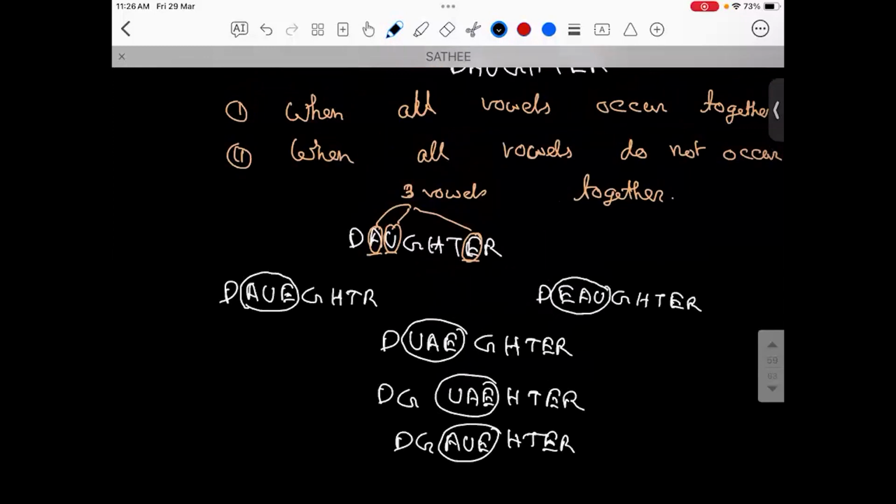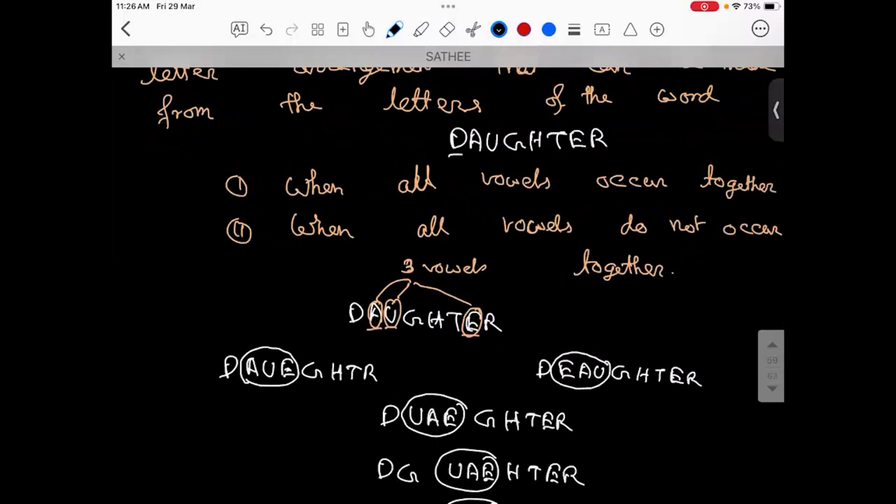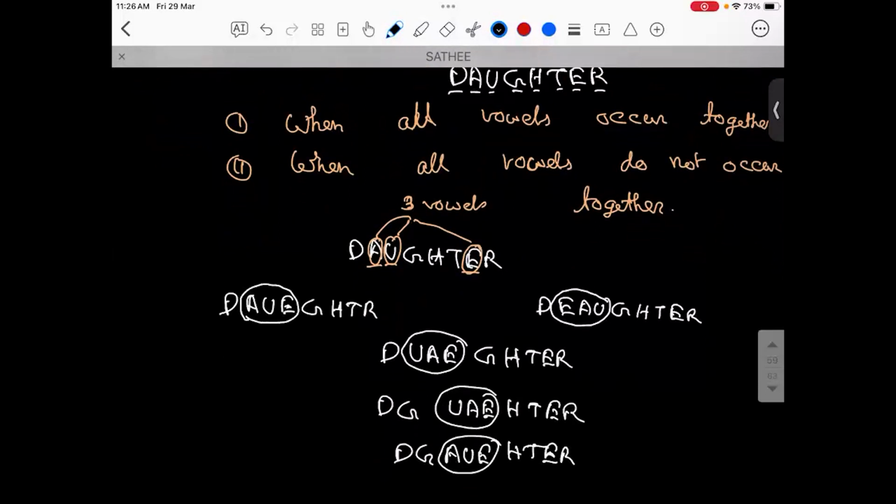This means that vowels will appear like this. Fine. Now just count first how many letters this word has: 1, 2, 3, 4, 5, 6, 7, 8. So we have 8 letters, but here 3 letters are appearing together. For the first case I am discussing, 3 letters appear together. So we will consider these 3 letters as one letter.